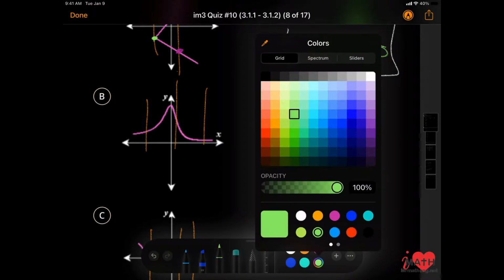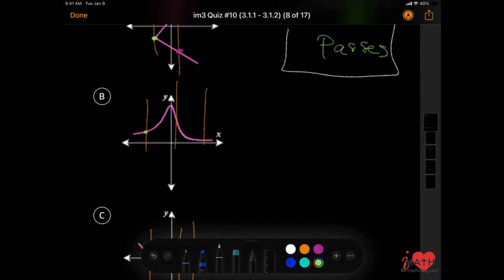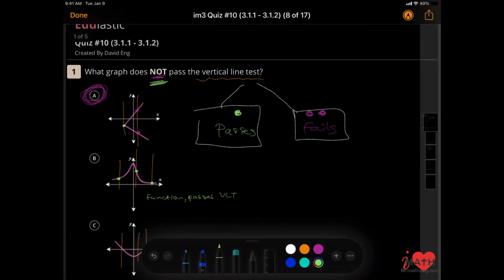I'm showing green for passing or go. This works. Do you see how my vertical line is intersecting the graph? That one passes. So it's a function because it passes the vertical line test, and we're looking for ones that are not.